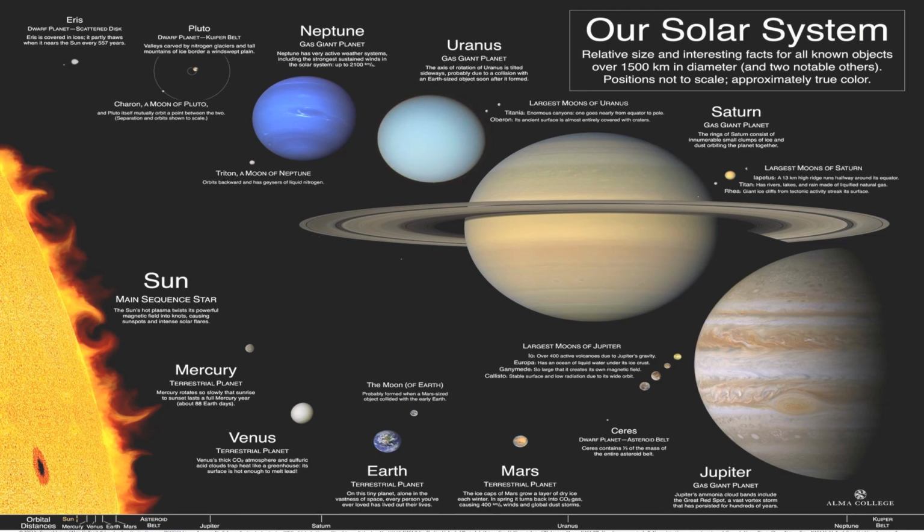And then the asteroid belt that I was telling you about earlier. Then there's Ceres. And Ceres is located within that asteroid belt between Mars and Jupiter. All right? And then you see how huge Jupiter is. And then you can see how you can stack so many Earths inside Jupiter.